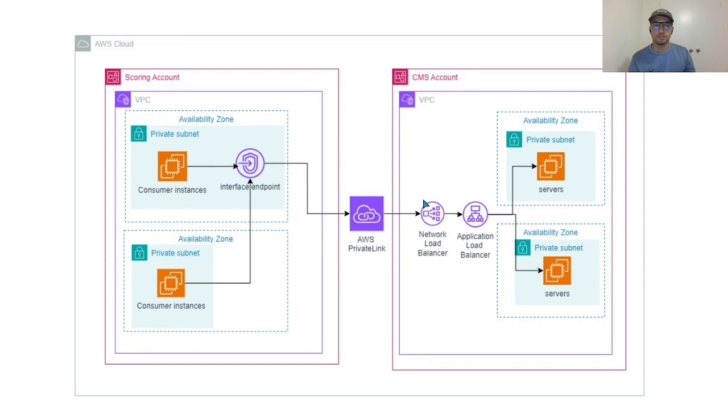Also one thing I want to mention is that AWS PrivateLink works with a network load balancer, so it is mandatory to have your network load balancer, and it needs to point toward your producer instances, or it does not particularly have to be instances.